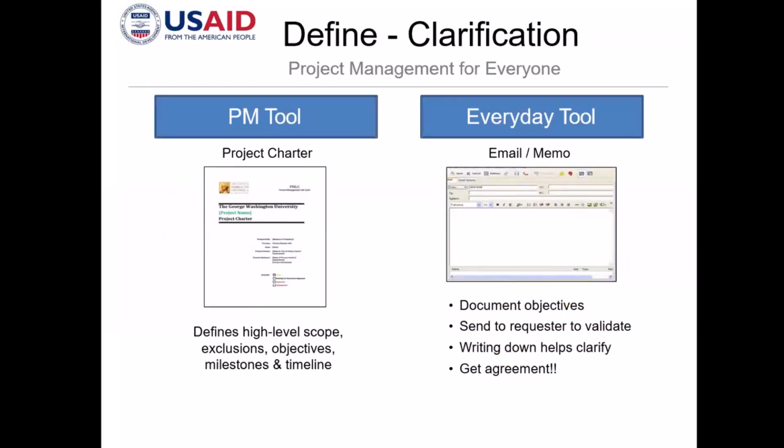So after you have defined the requirements and come up with the draft of the plan, the first major document that you will have to circle around to your stakeholders is what we call a project charter. So the project charter defines the high-level scope, all of those other items that will have to be excluded in the scope, the objectives, milestones, and timeline.